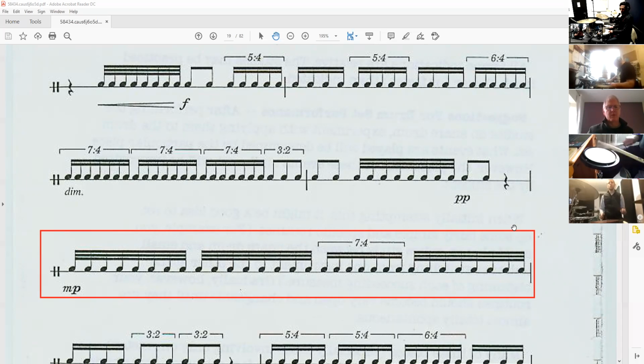Go. 1 and the 1 and the 2 and the 3 and the 3 and the 4 and the 4 and the 3, 4. 1 and the 1 and the 2 and the 3 and the 3 and the 4 and the 4 and the 1.